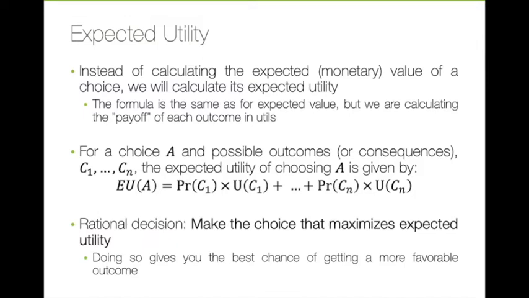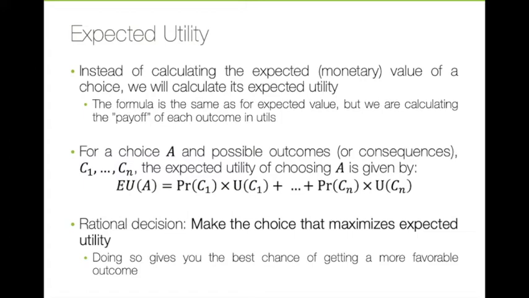The expected utility of choosing A, given that A can result in consequences C1 to Cn, is given by multiplying the probability of consequence 1 times its utility, and the same thing, probability of consequence 2 times the utility of consequence 2, all the way up, probability times utility for each consequence for however many there are.